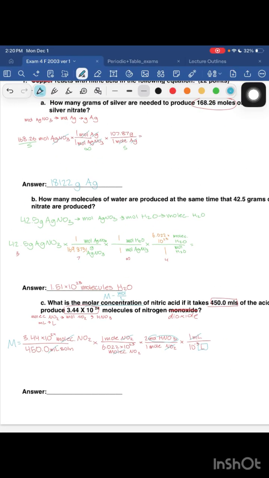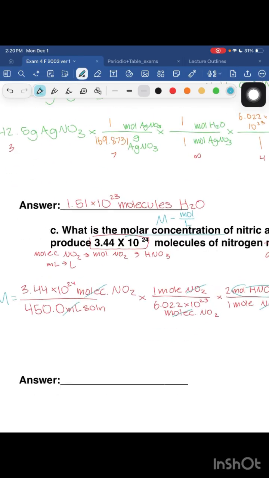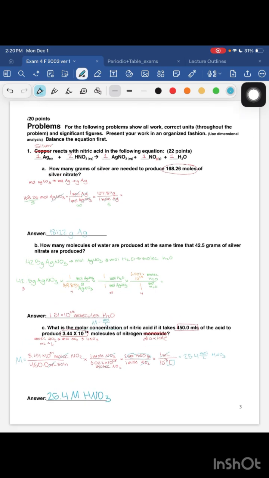So when I plug this in, I'm going to get 25.4 moles over liters of HNO3, which is the same as writing 25.4 M HNO3, which is your final answer.